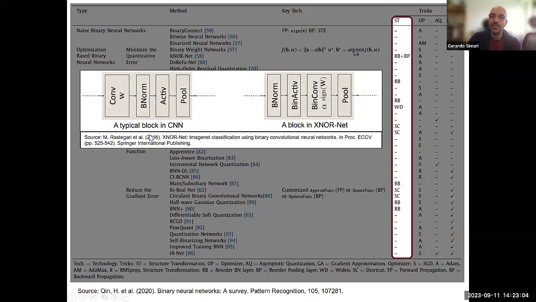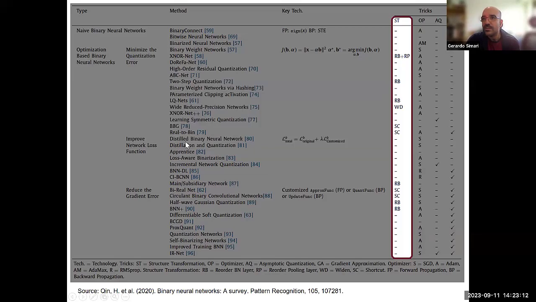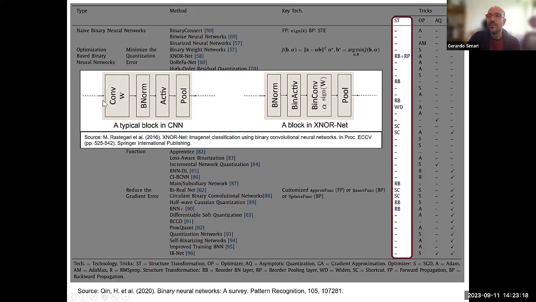2016 was a pretty big year for binarization. You can see XNORNet, and then there was another model called XNORNet++. I think it's probably in this table. Yeah, there it is, XNORNet++. Essentially, they focused on moving batch normalization to the beginning. So blocks in XNORNet look like this, and then the binarized activations and the convolutions, and then the pooling.